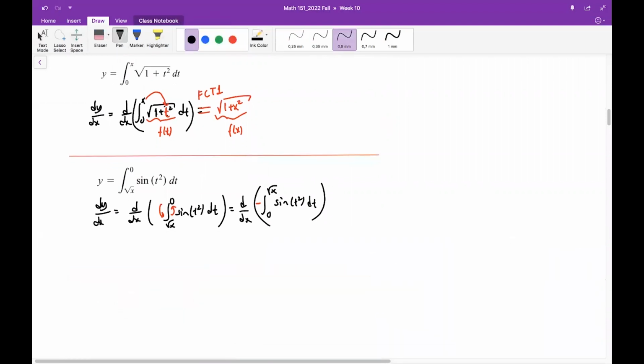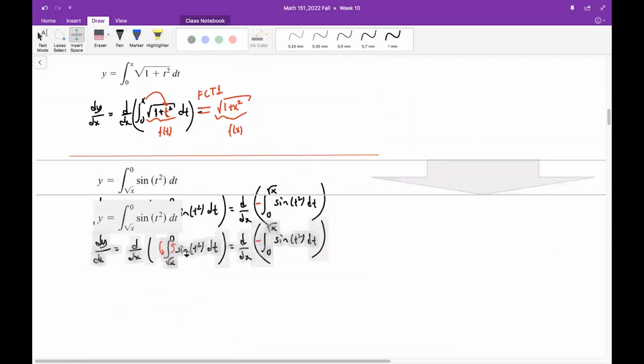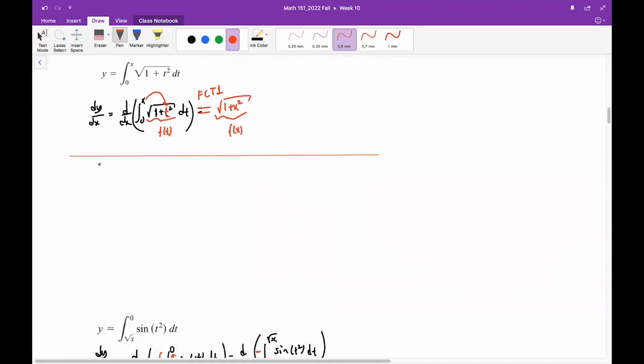So let me first explain it here. Say more generally, what if you have not x, but some function depending on x here for the upper bound of the integral, and you still want to apply the fundamental theorem of calculus?